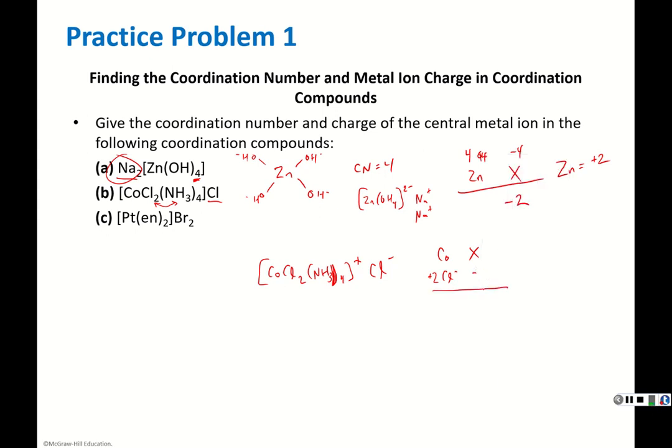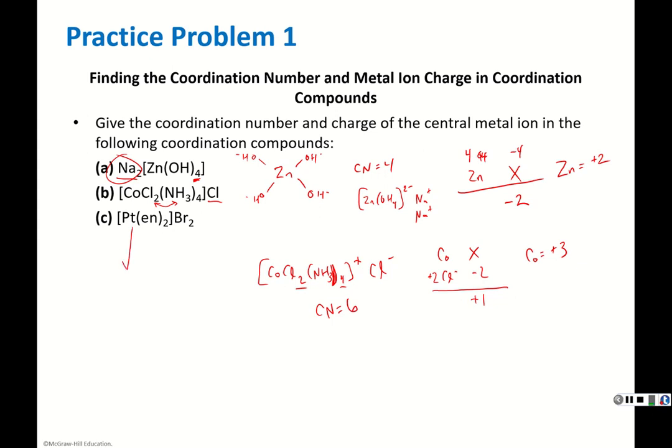That has to add up to +1. So cobalt has to be a +3. And the coordination number, again, we're just counting the number of ligands. Cobalt has 2 plus 4, so the coordination number here is 6.